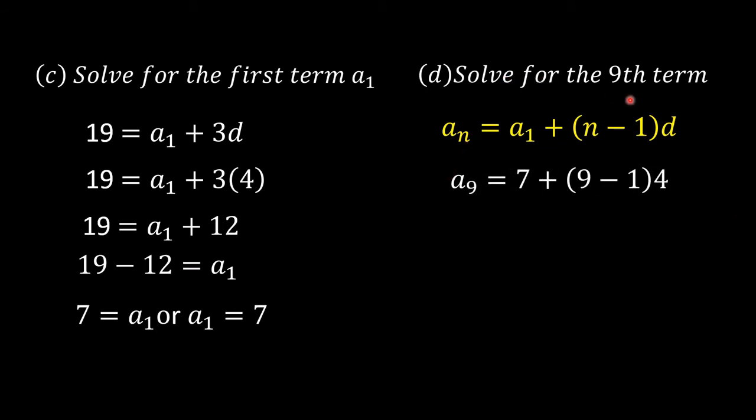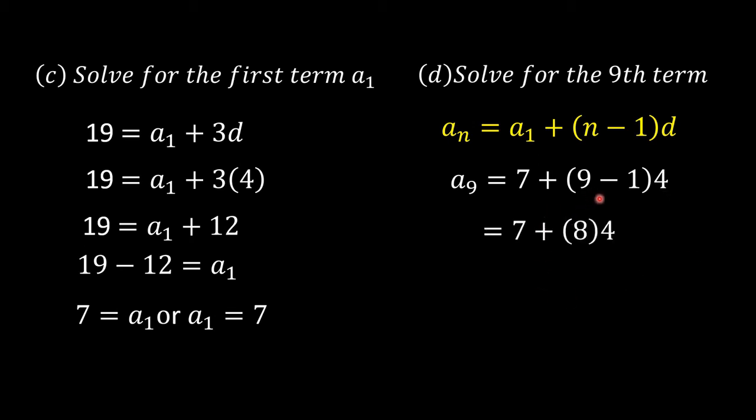So replace n by 9. A sub 9 is equal to 7. Our first term is 7. And then n by 9, and then 9 minus 1. And then replace d by the common difference, which is 4. Then just do the indicated operations.